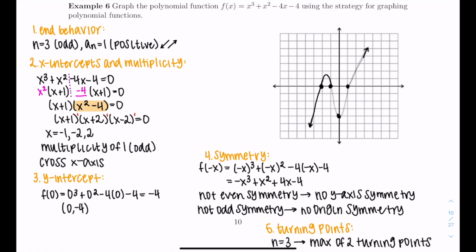Again, we're crossing through this x-intercept. We need to hit this y-intercept. And we're going to come back up to hit this last x-intercept, which again we cross through, and we connect our end behaviors. And so this method allows you to draw a graph and give you an idea of what this function looks like.